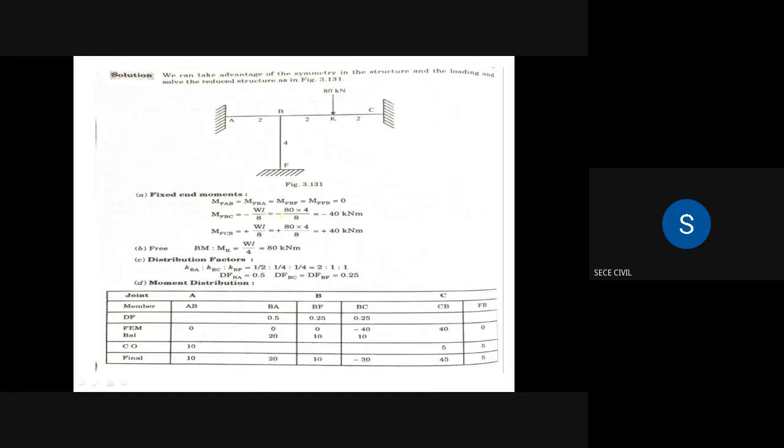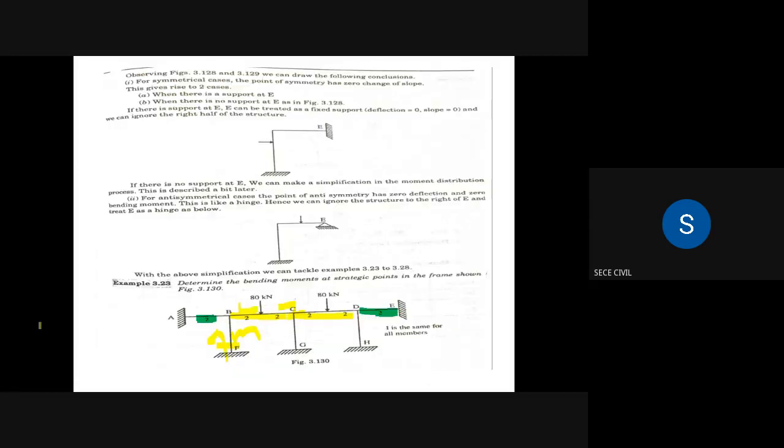So we are solving this particular frame. We are taking the left half of the frame. So AB, BC, and BF, these three members will come. So this is one half. The second half will similarly be CD, DH, and DE.